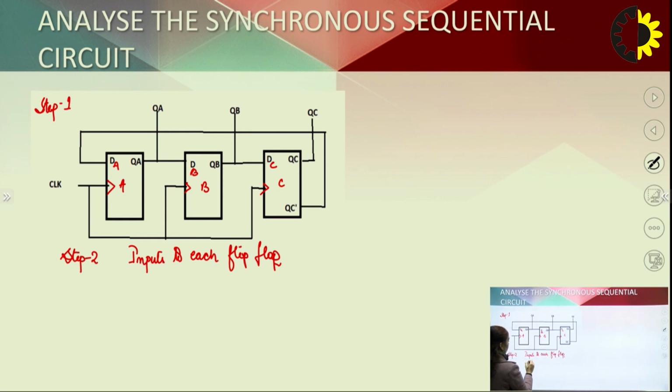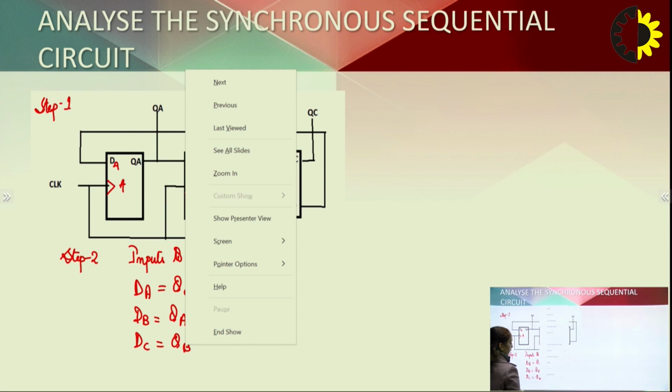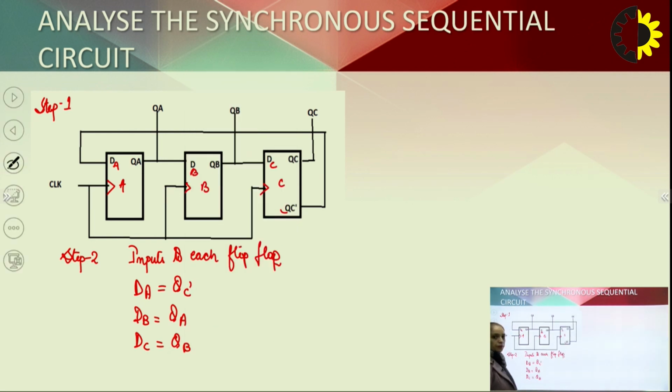DA, we can see that DA is connected to the QC bar. DA is equal to QC bar. Then DB is equal to QA, and here DC is equal to QB, right?